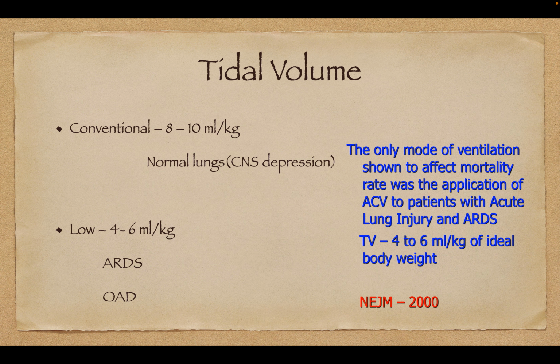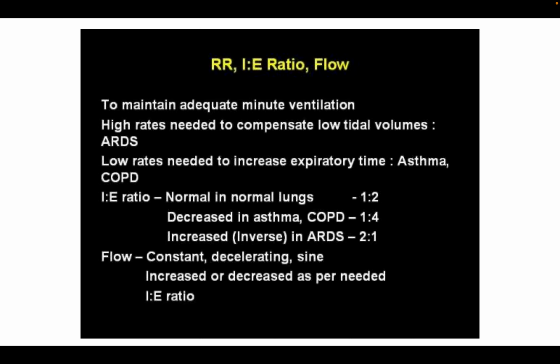The only mode of ventilation which has shown mortality benefits was the application of assist control ventilation in patients of acute lung injury or ARDS, that is assist control volume control mode, to be very precise. And they actually utilized lower tidal volumes. The respiratory rate, I ratios, and the flow are set to maintain adequate minute ventilation. The high rates are usually needed to compensate for low tidal volumes in patients of ARDS.